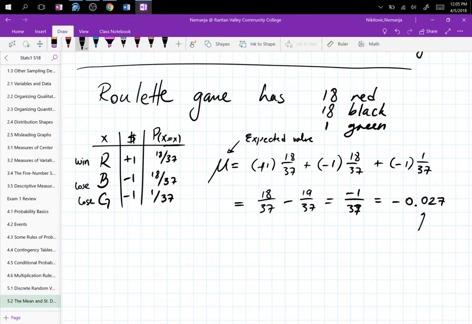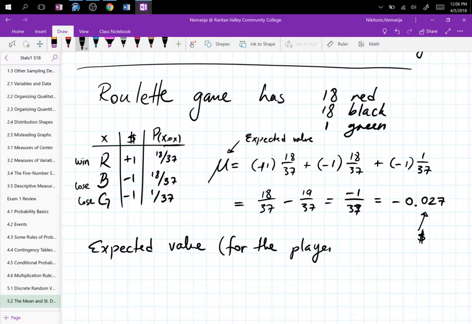Now this is money. So expected value for the player is -0.027, but that's so technically every time they spin in a casino, they lose 2.7 cents.